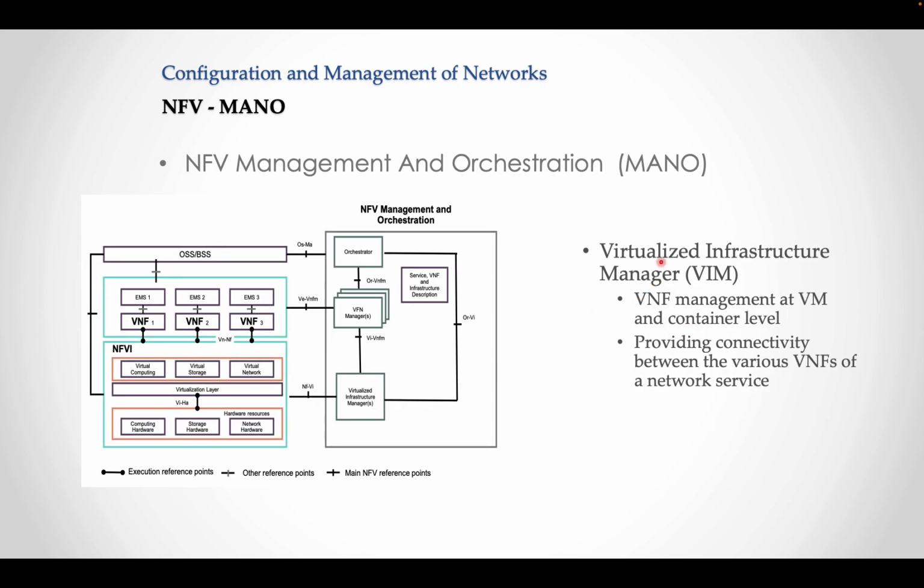Okay? So the virtualized infrastructure manager, which is this block here, will create VMs and interconnect them on the hardware, okay? Providing this layer here. How can this be done? This could be, for example, the Floodlight controller with something else, because the Floodlight controller can only do the steering part of the traffic. It cannot create VMs, for example.